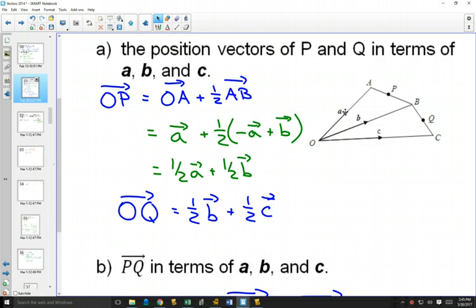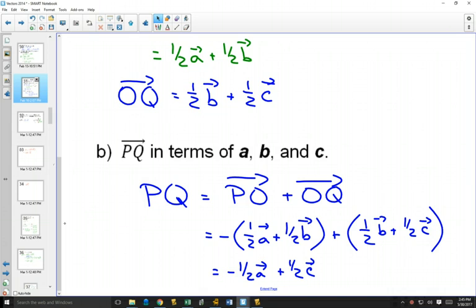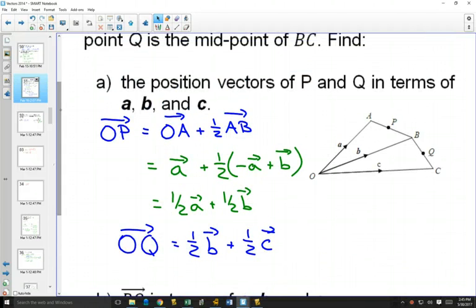And OQ is half B plus half C, and then P to Q is negative half A plus half C. So if we go to our diagram, that means if I went half of A in the negative direction and half of C in the positive direction, if I started at P and added that, I should end at Q. And sure enough, it matches up pretty nicely.